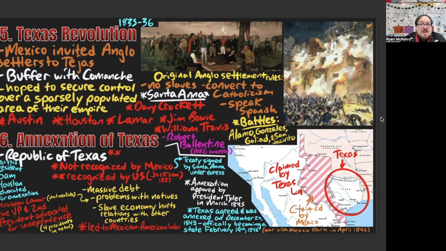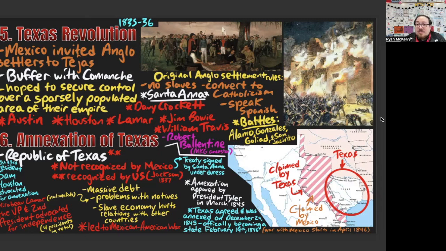So for a time, Texas sort of sits in this limbo where people of Texas are calling themselves the Republic of Texas. It is an independent country from Mexico. They have this treaty signed by Santa Anna, even though it was under duress, so it's not legally binding.